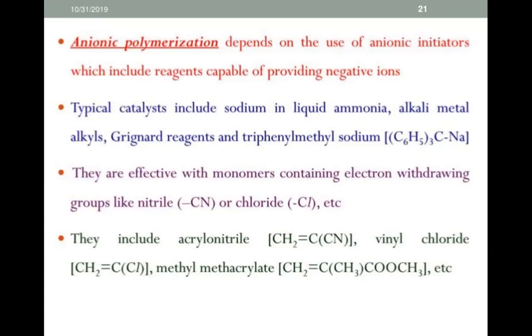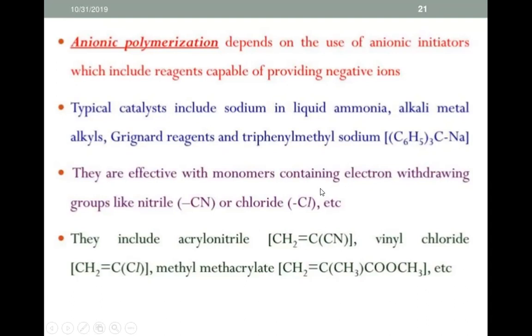The typical catalysts include sodium in liquid amalgam, alkali metal alkyls, Grignard reagent, and triphenyl methyl sodium. This is triphenyl methyl sodium. They are effective with monomers containing electron withdrawing groups. In the cationic polymerization, they are effective with monomers containing electron donating groups.